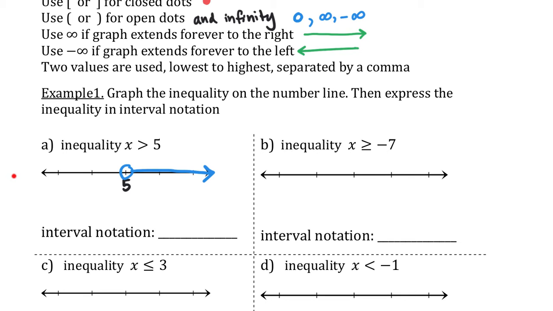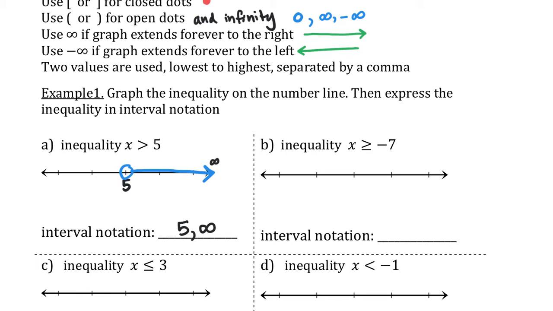If I follow this number line from left to right, we first start shading the number line at 5. So my lowest number is 5, comma. And then it's shaded all the way to the right, or right arrow. Since it goes forever to the right, we represent that with infinity or positive infinity. So this graph starts at 5 and extends all the way to infinity.